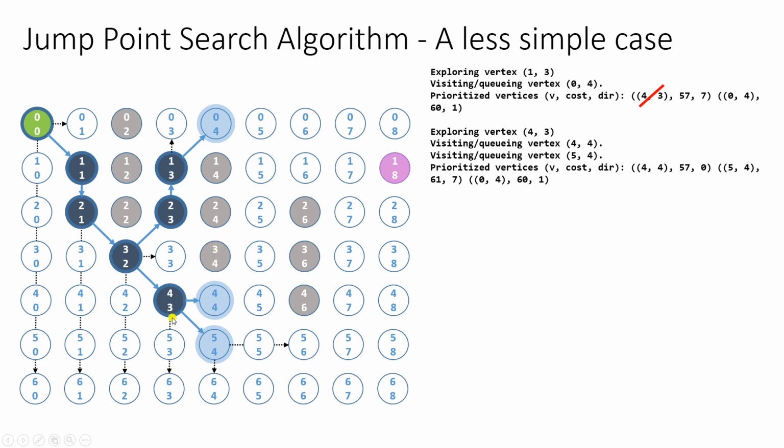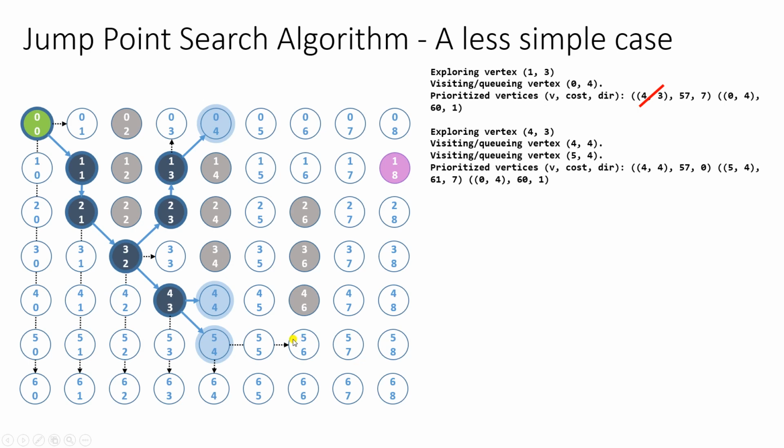And after we scanned right, down and right, we are now free to proceed diagonally and check what is here. Is there anything interesting? From vertex 5, 4, we are looking down. There's nothing interesting. We are looking to the right, and once again, 5, 4 would not be declared a jump point by itself, because it's not near an obstacle, but its successor, vertex 5, 6, will become a jump point in the next iteration.